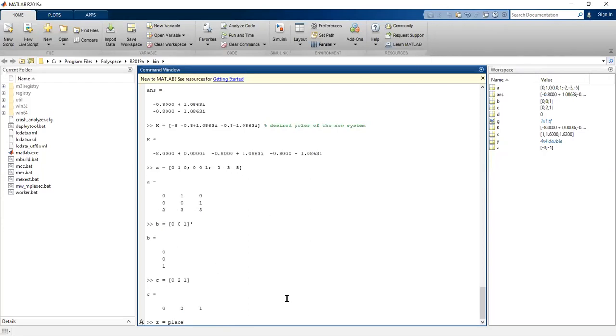I shouldn't have called the thing up here K. I should have called it P for poles, but that's all right. So call Z equal place, open bracket, A, see the example there, A comma B comma, we use K, capital K, yeah.